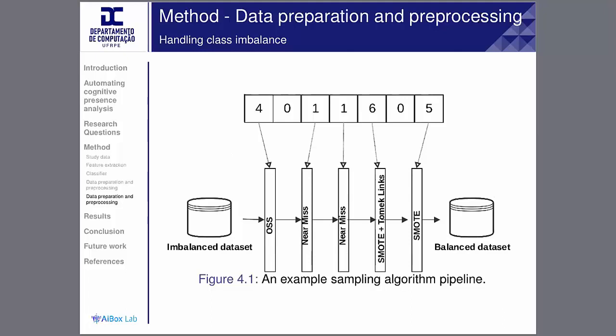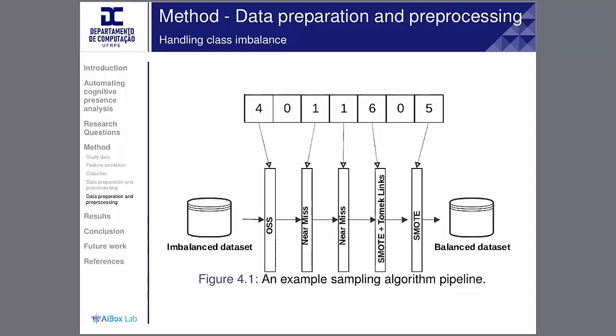So the combination in this work was defined by a vector of integers, as you can see in this example. Each integer different from 0 represents a specific sampling algorithm. Here we have 4 meaning OSS, 1 meaning Near Miss, and so on. And 0 is the absence of the algorithm in the pipeline.